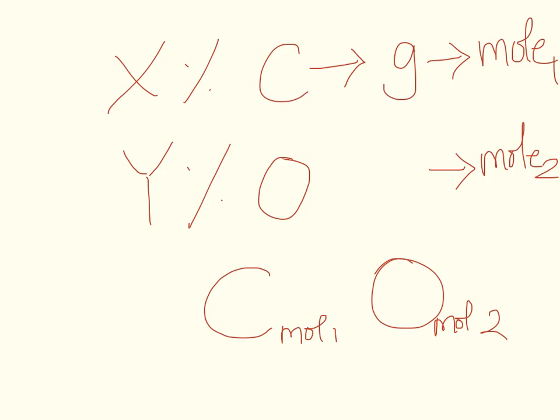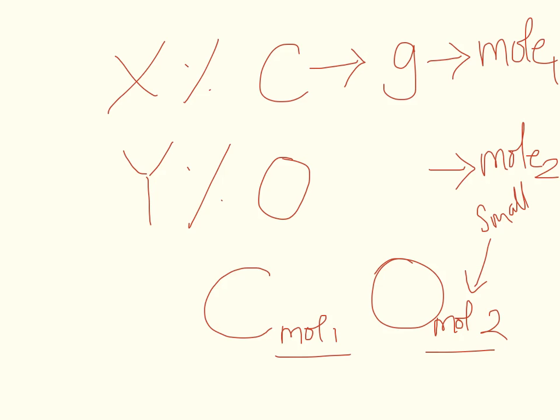And then what you do is look at all the moles, however many there are. In this example we took carbon and oxygen, but it could be many elements in there. Look at these two numbers, whichever is the smallest. Okay, so now let us assume that mole 2 is a smaller number than mole 1.